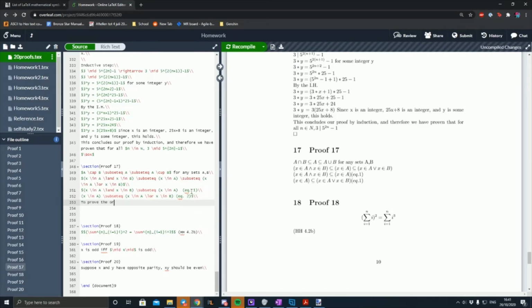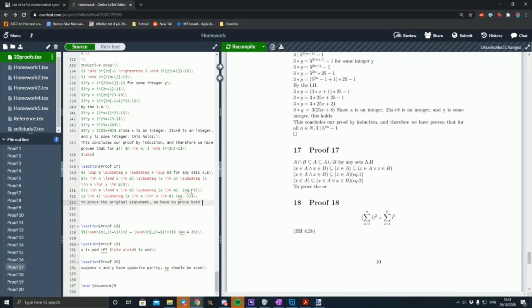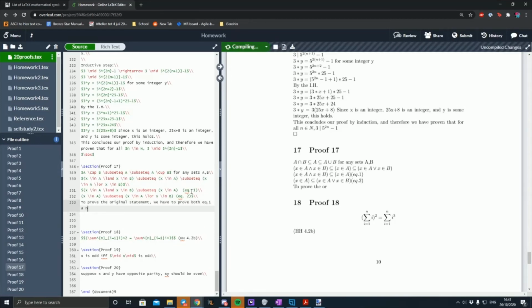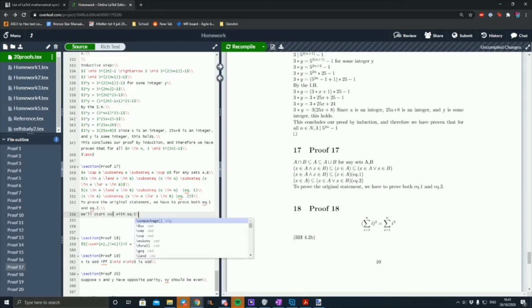To prove the original statement, we have to prove both equation 1 and equation 2. Okay, recompile. Okay, so we'll start out with the first one. That's this one. We'll start out with equation 1.